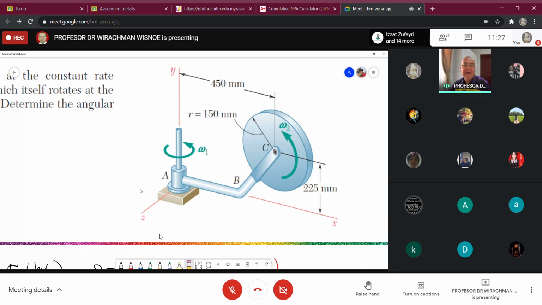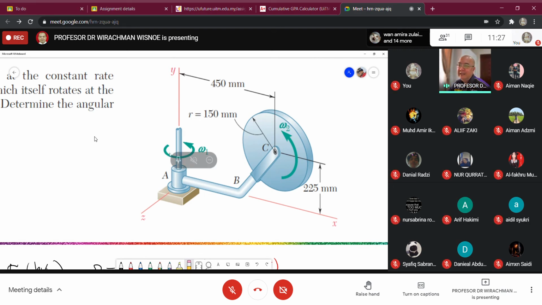How to know the direction of an angular velocity? Using your right hand. You see my hand? These fingers follow the direction of the arrows in the drawing. Follow these rounded arrows with your right hand.